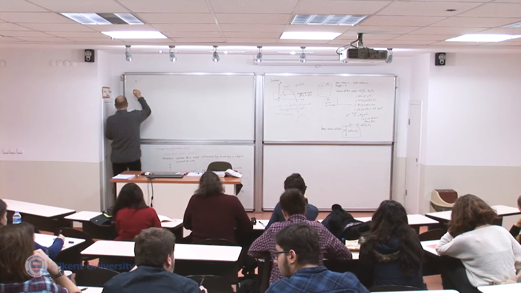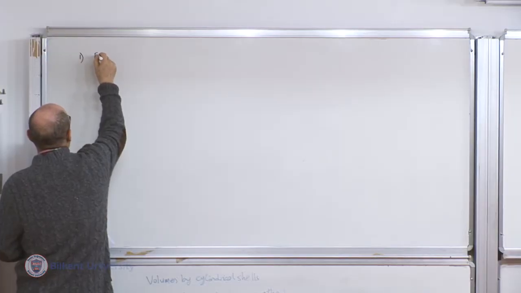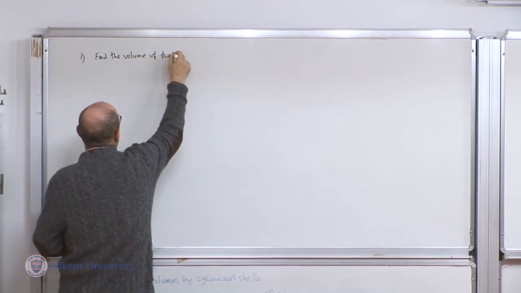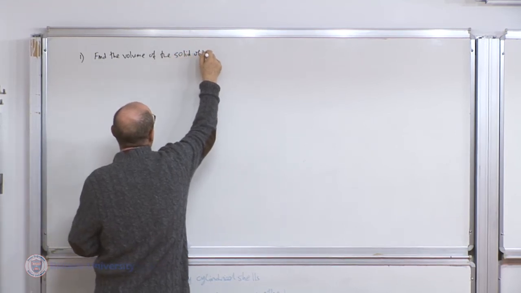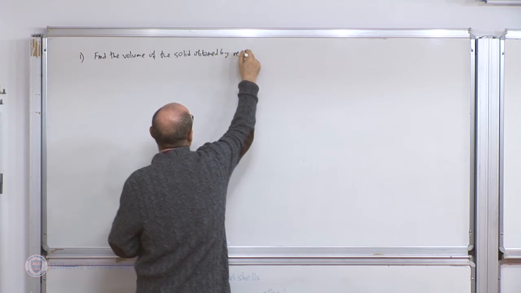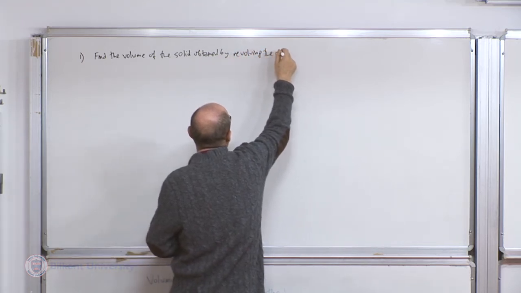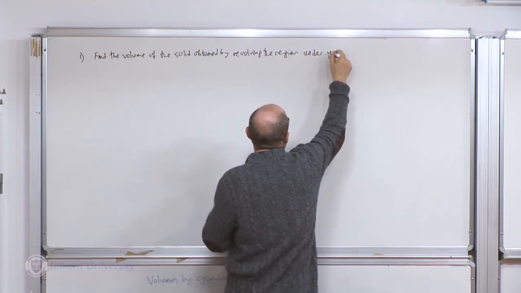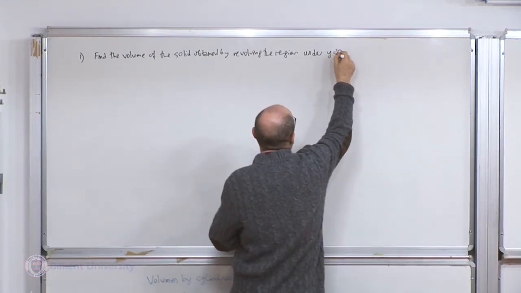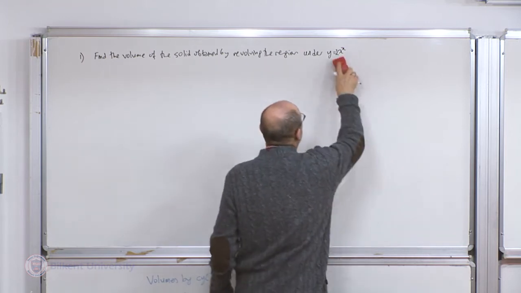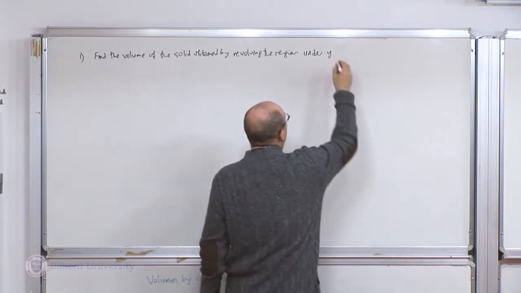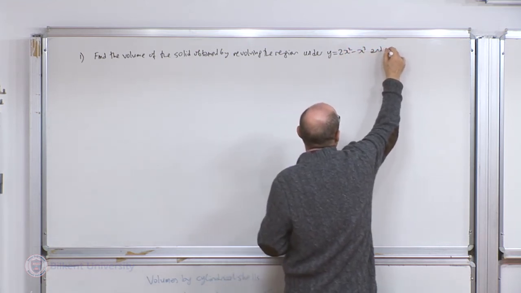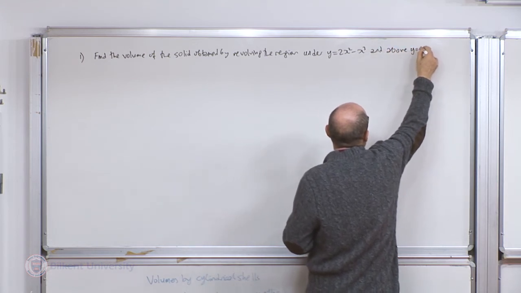The first problem is: find the volume of the solid obtained by revolving the region under the curve y equals 2x squared minus x cubed, and above y equals 0.